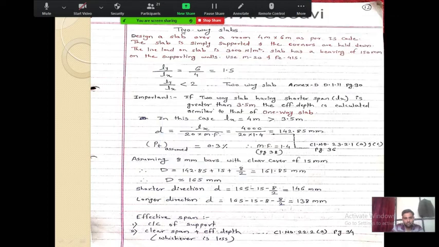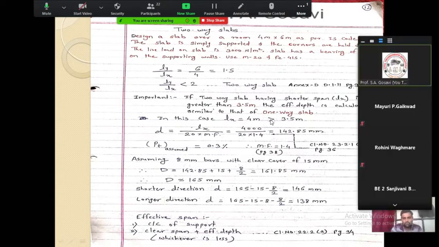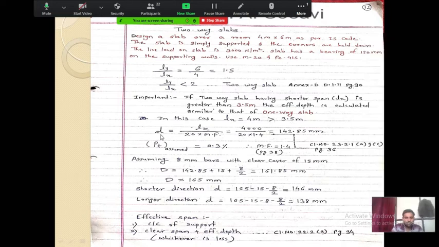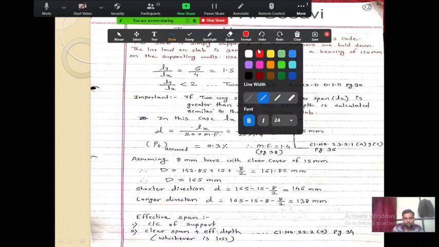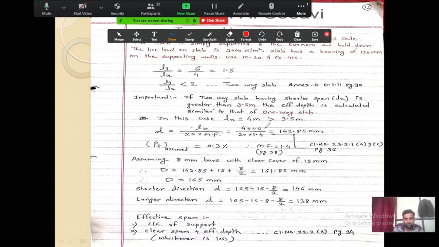Okay, so now here, Lx is 4 meter in our case, which is greater than 3.5 meter. So your formula for d is equal to Lx divided by 20 into the modification factor. 4 meter is nothing but 4000 mm.